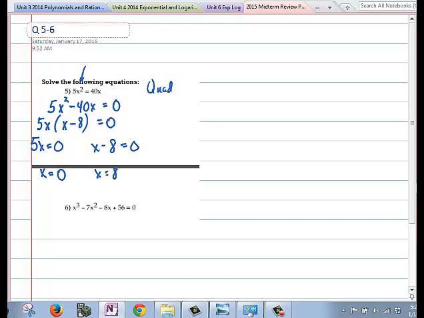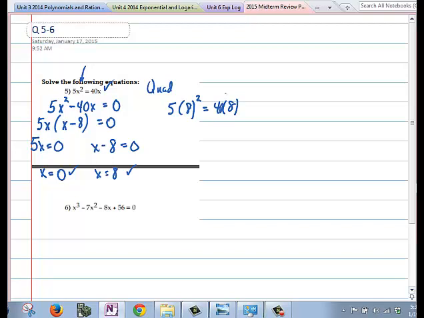You should always take those answers and plug them back into the original equation and see if they work. Double check yourself. That always helps to give you confidence that you got the answer correct when you're working on a big test like this midterm. If you plug them back in, you'll see that they do work. For example, for 8, if I do 5 times 8 squared, does that equal 40 times 8?